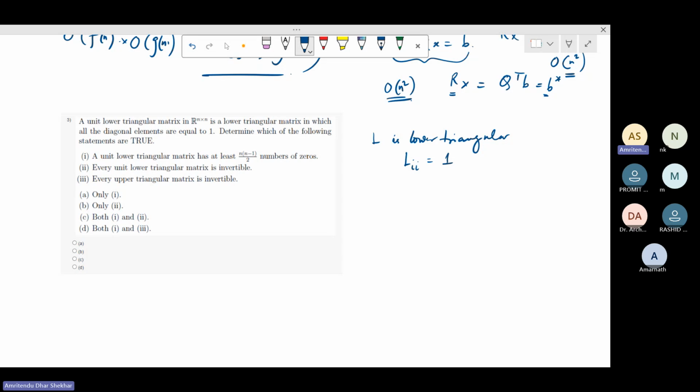Right. So this third question is like a true false question. Every unit lower triangular matrix has this many zeros.